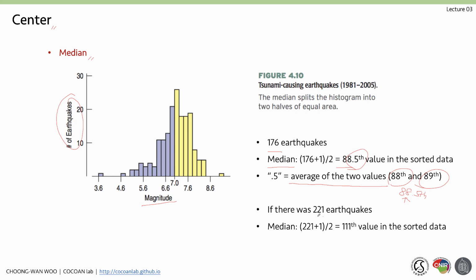If there was an odd number of earthquakes, you can get the exact center value. So the 111th value among the 221 earthquakes in the sorted data, sorted from the smallest number to the largest, and then you can get the center number.